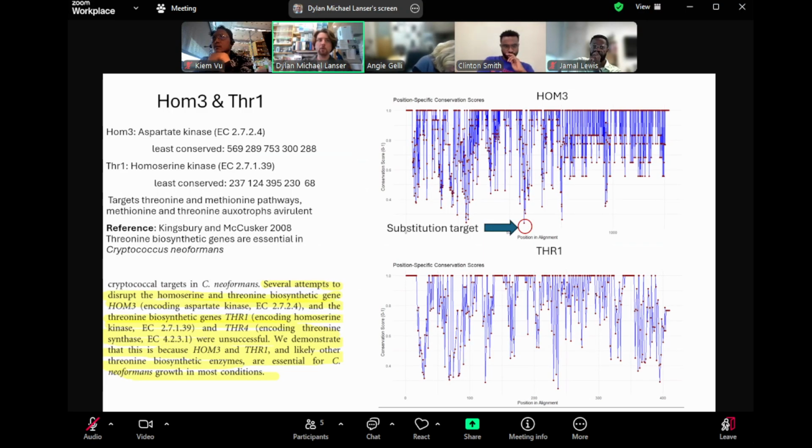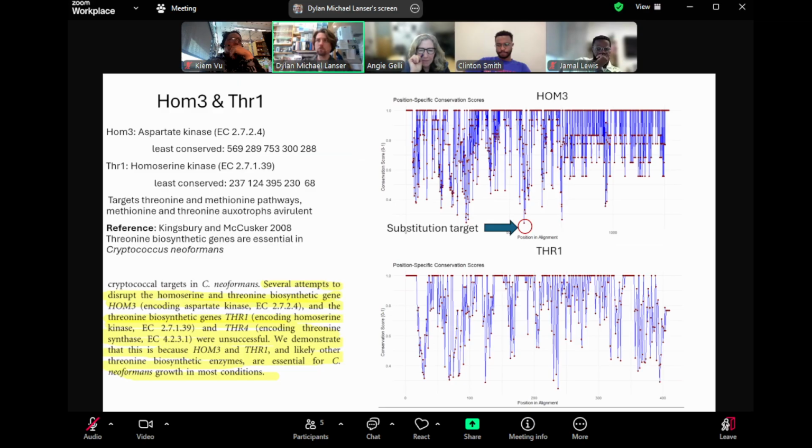I think they're able to show that these genes are also important for virulence, but if they knock these genes out, the Cryptococcus is not even viable. So I think one of these two would be a good candidate gene for first choice. Dylan, you have a substitution target?